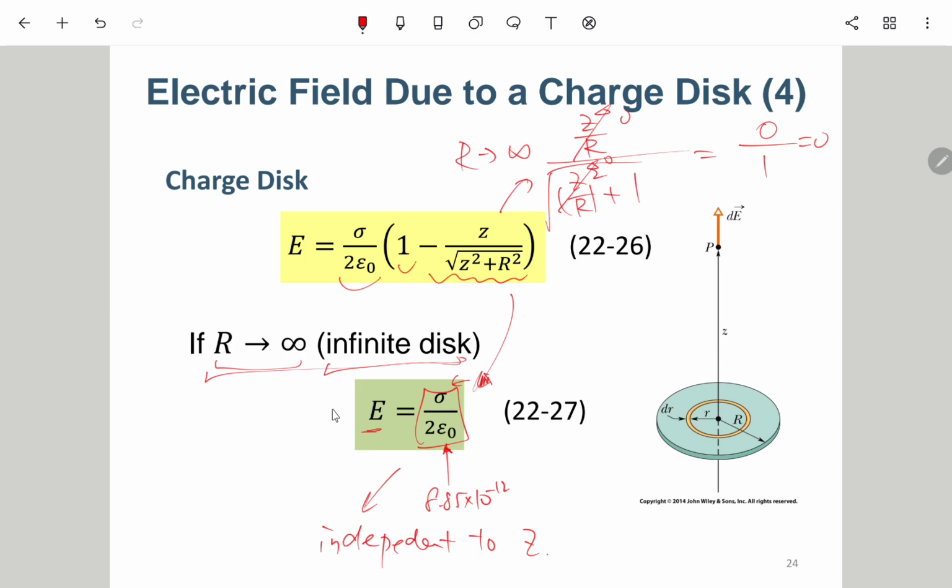Although for the real world we cannot find an infinitely large charge disk, we will make use of this approximation.